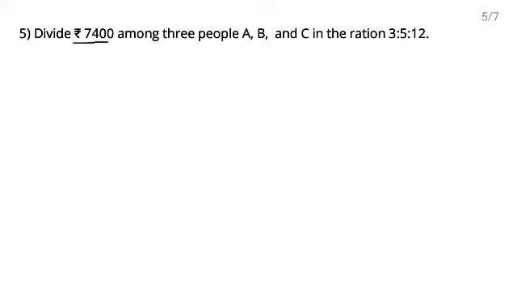Next, question number 5. Divide rupees 7,400 among 3 people A, B and C in the ratio 3:5:12. So first of all, you will find the sum of these ratios. Ratios are 3:5:12.